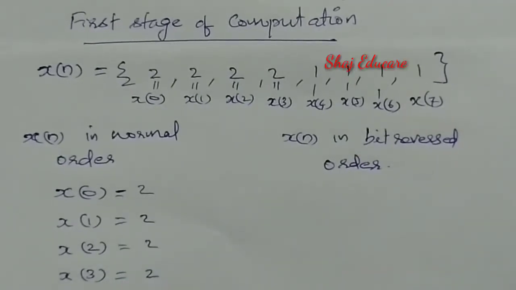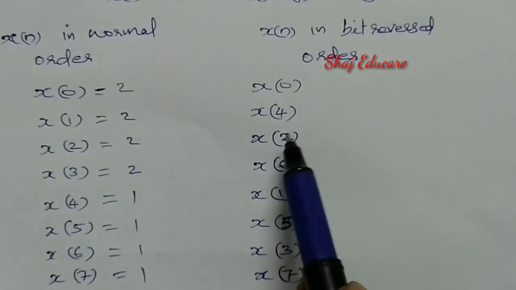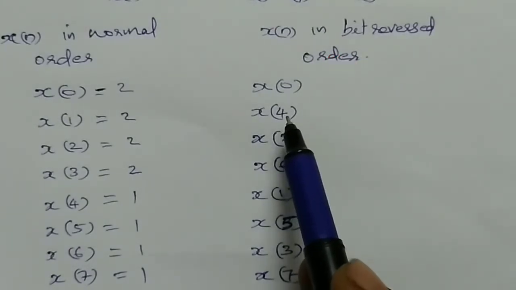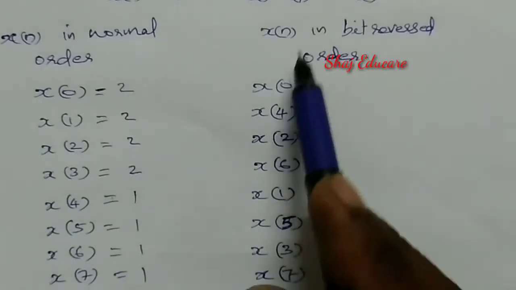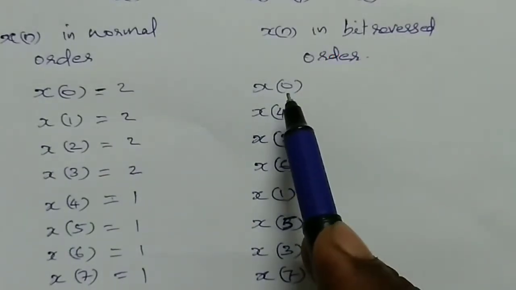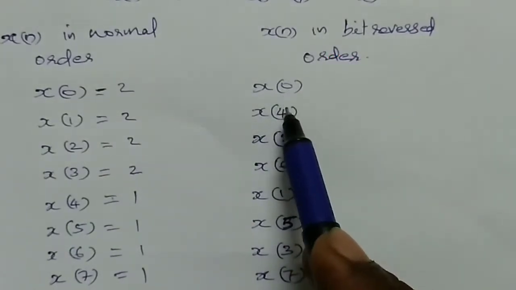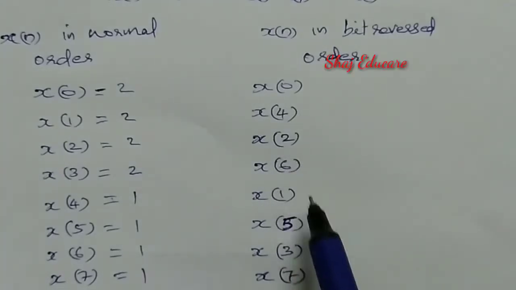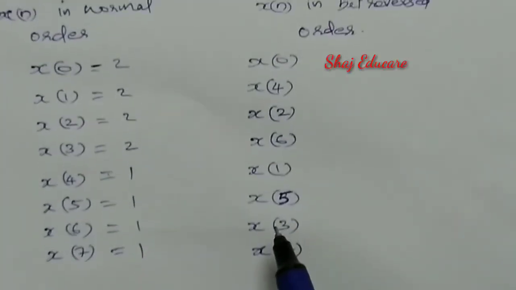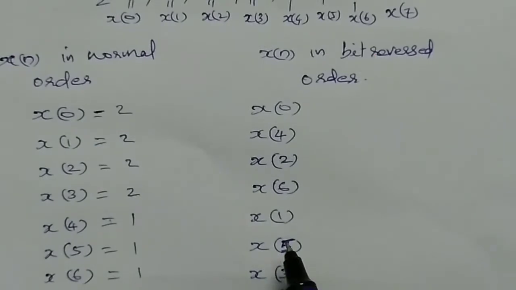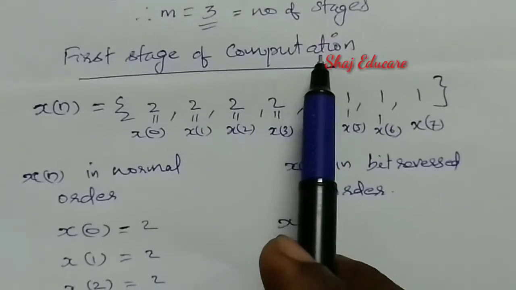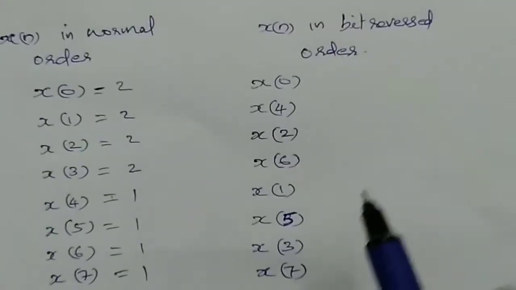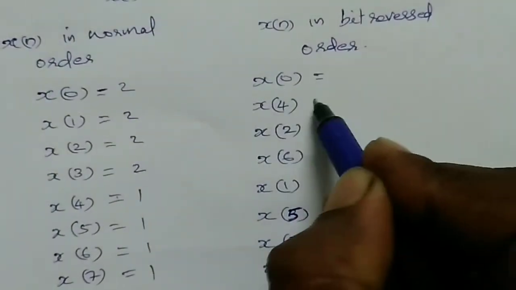This is the bit reversed order: x of 0, then x of 4, not x of 2 as in the normal order. Bit reversed order is of the form x of 0, x of 4, x of 2, x of 6, and so on. That is explained in my previous video under the topic the first stage of computation in Radix-2 DIT FFT.